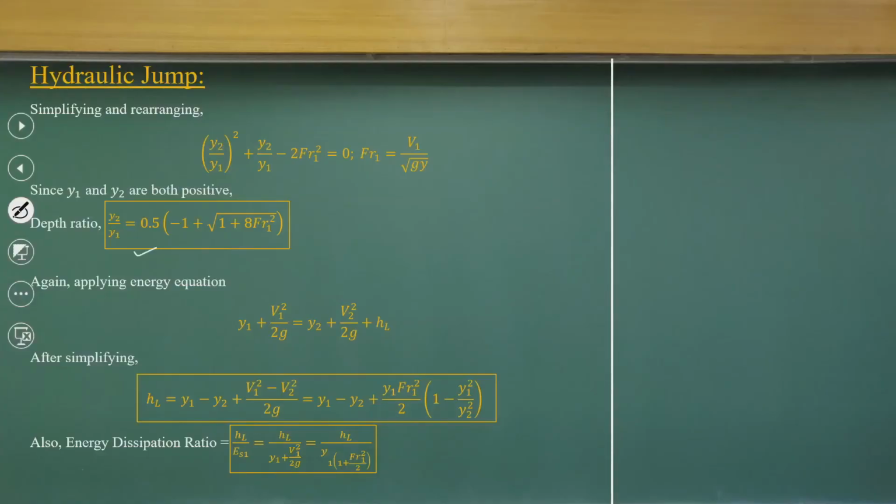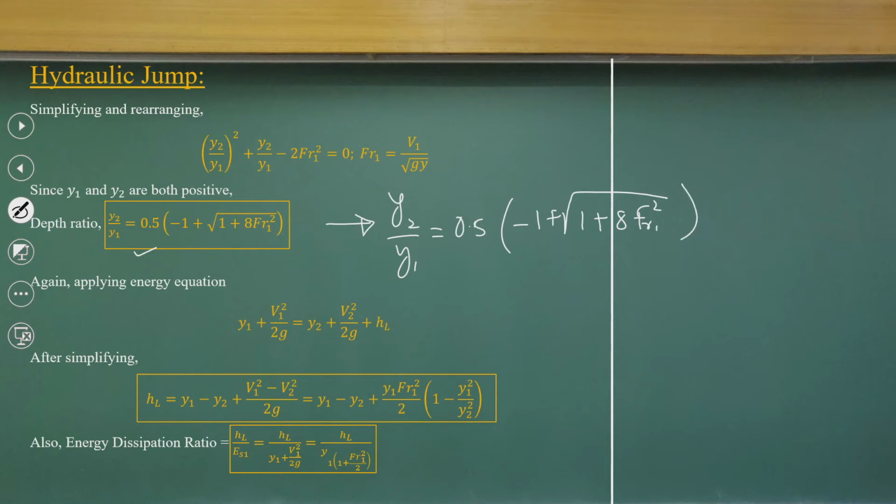Okay. Just for your sake I can write it: y2, the flow depth at downstream, is a function of 0.5 times minus 1 plus square root of 1 plus 8 times the flow Froude number of upstream squared.